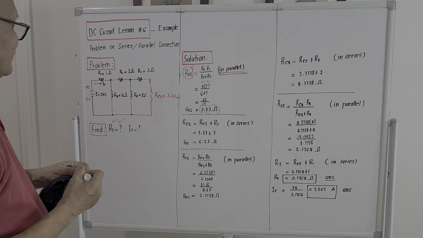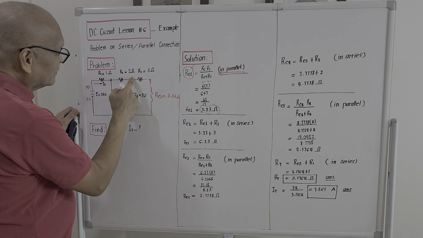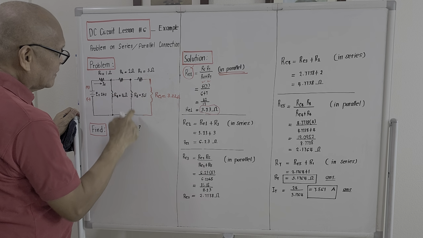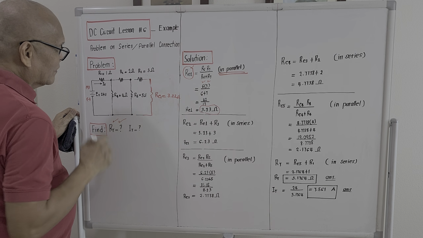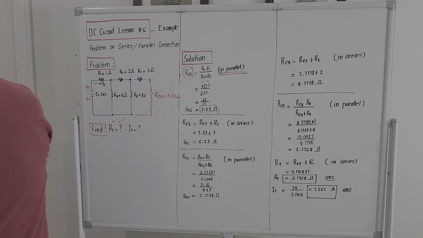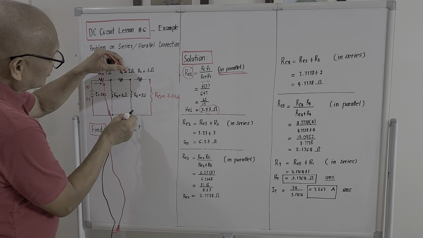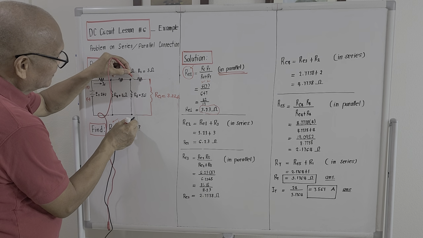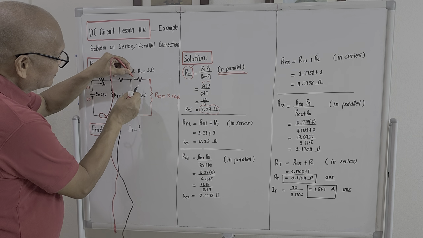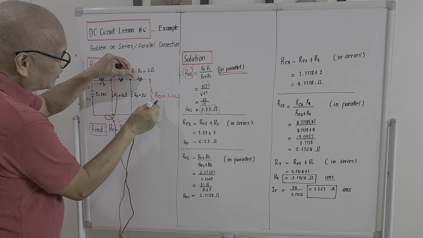What's the next procedure? Okay? I will try to disconnect here. We'll try to disconnect. And if we try to get our multitester, if we try to measure the resistance across this after the disconnection, obviously this R sub 3 here is in series with RE sub 1.